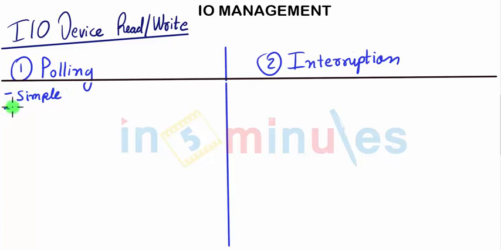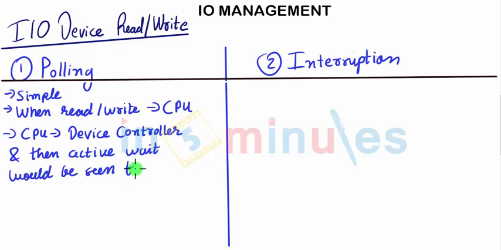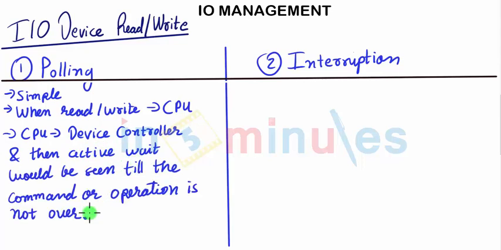In this technique, when we want to read or write, the CPU would be contacted and then the CPU would communicate with the device controller, and then an active wait would be seen till the command or the operation is over.